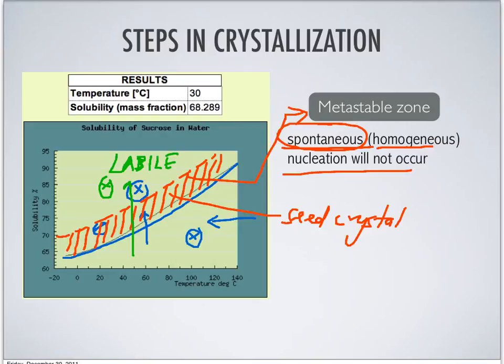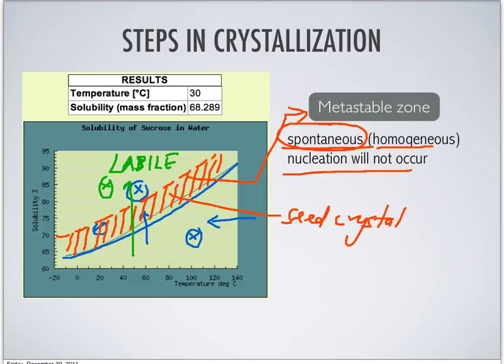In the labile zone, the supersaturated solution is in the thermodynamic non-equilibrium state and is very unstable. So it will try to crystallize, to go into the lower energy state.